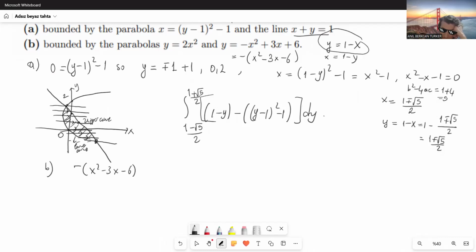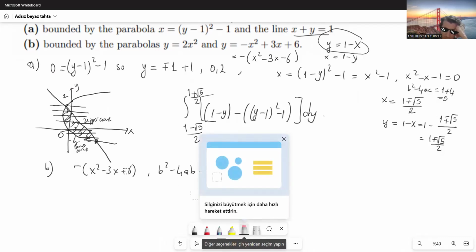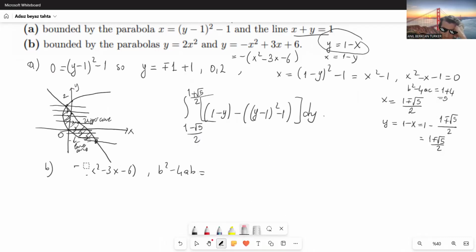Again, b squared minus 4ac should be positive to be able to have a root. But do we care about roots? We don't care about roots, because we only care about the roots of the intersection.